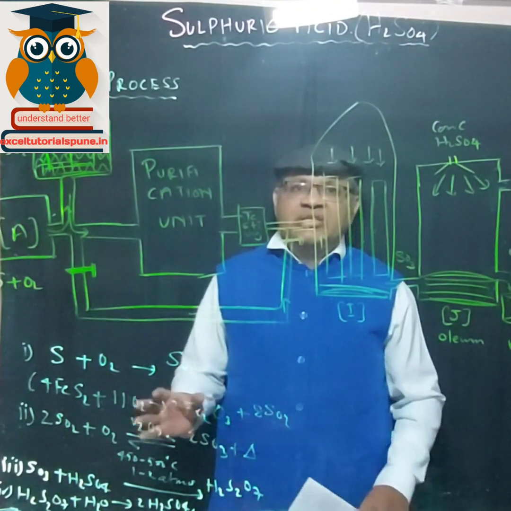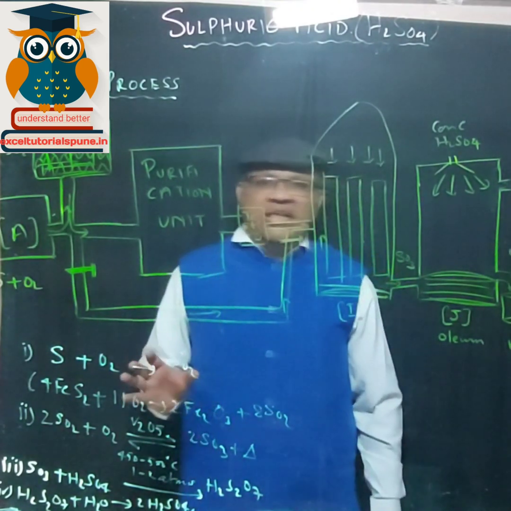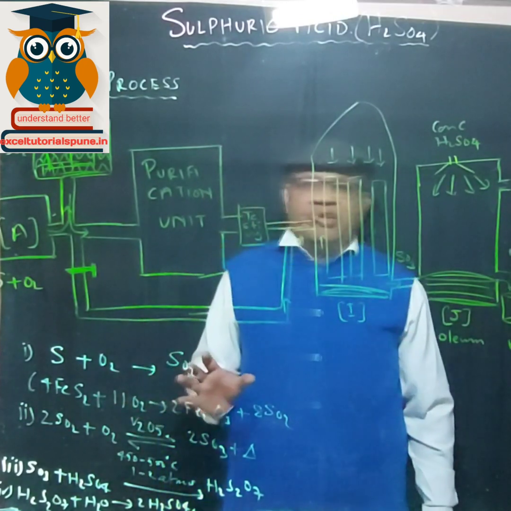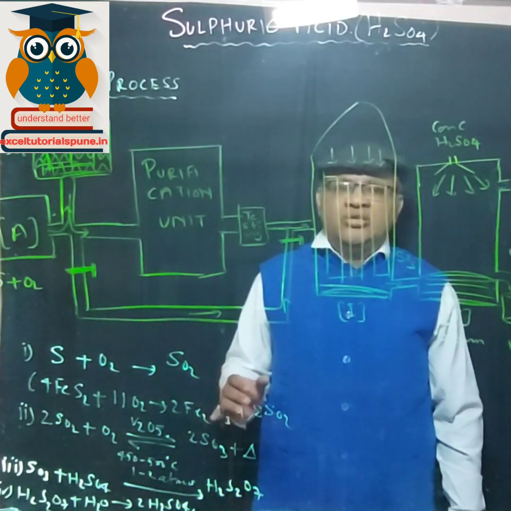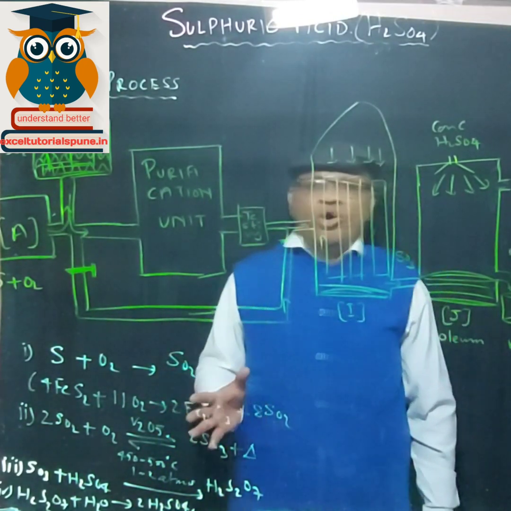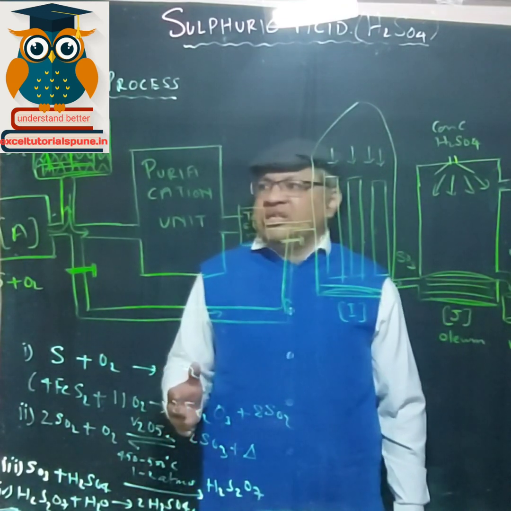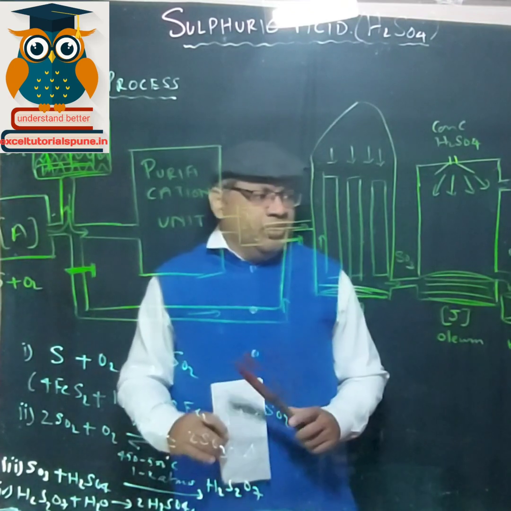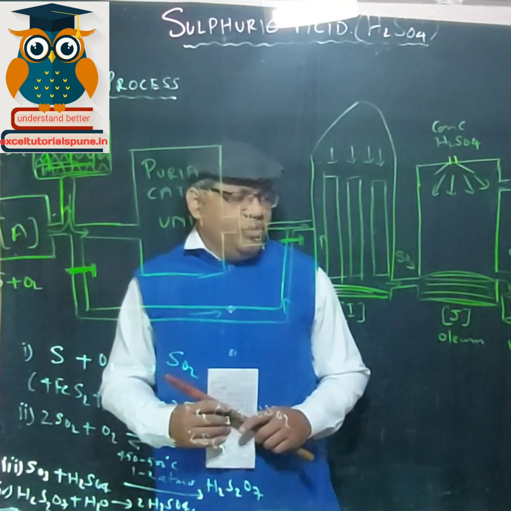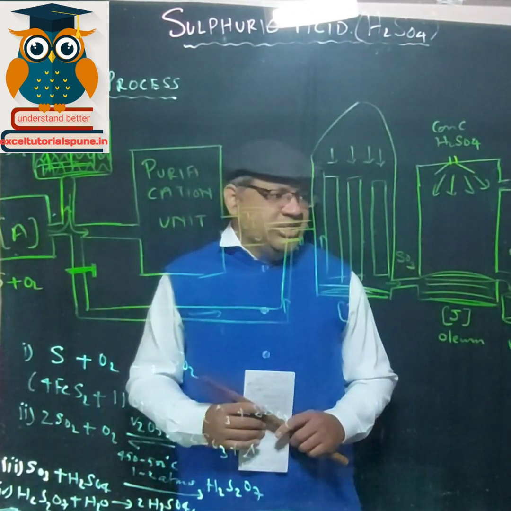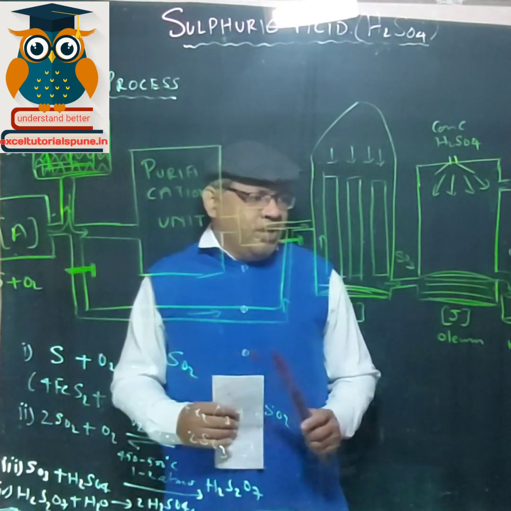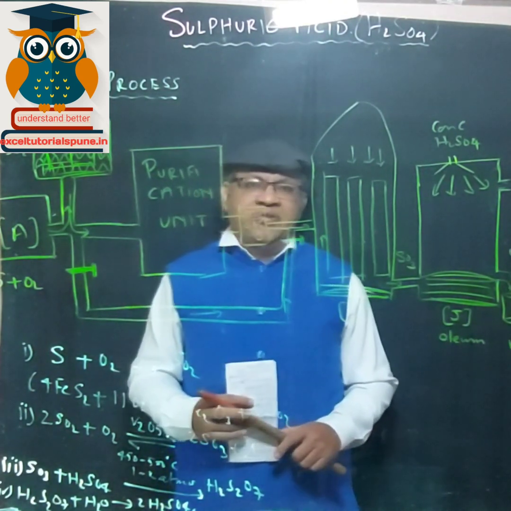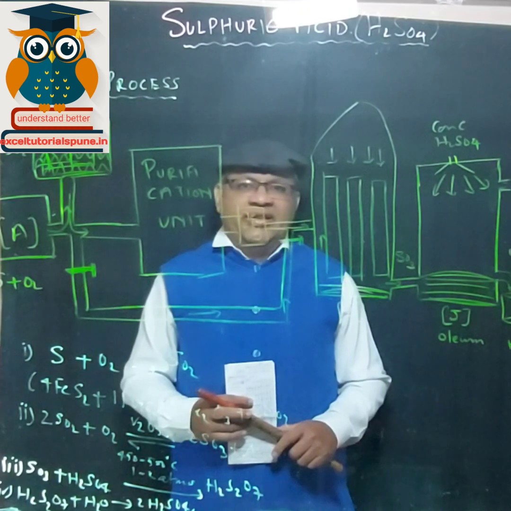Now sulfuric acid is a very oily dense liquid. It has a very high density, and it has a boiling point of 338 degrees Celsius. So when you have sulfuric acid with water, you may think that when you boil it at 100 degrees Celsius, all the water will evaporate and sulfuric acid will be left until 338 degrees. But nothing like that happens.